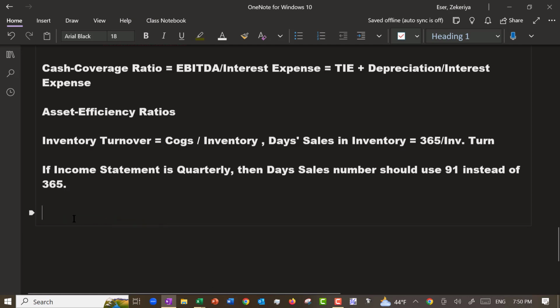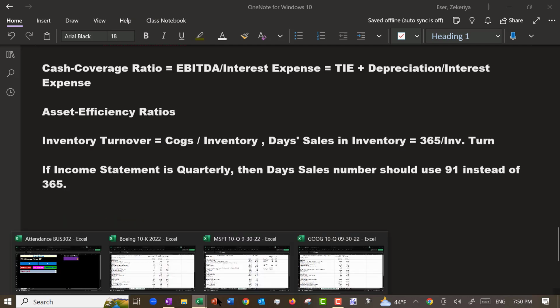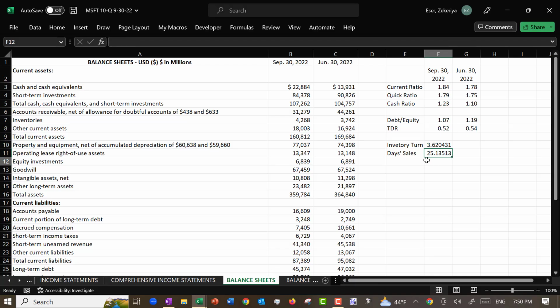So let's look at the meaning of these. This means Microsoft turns its inventory about 3.5 times every 3 months, or on average, it takes them 25 days to turn their inventory over.